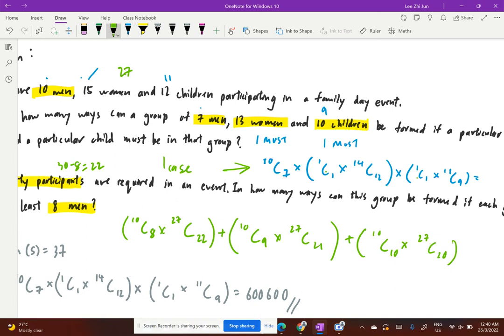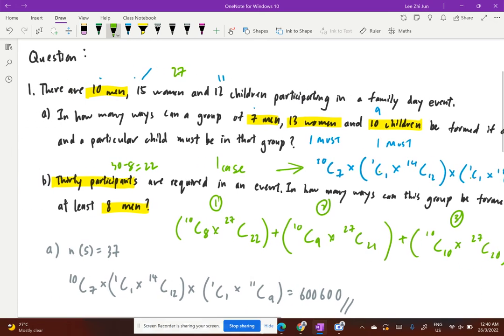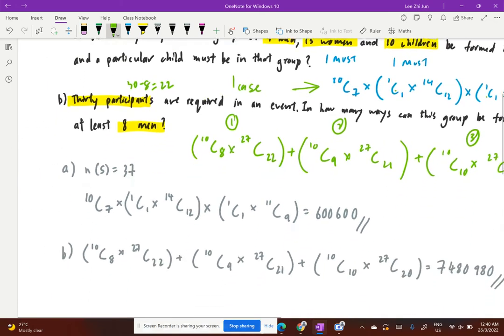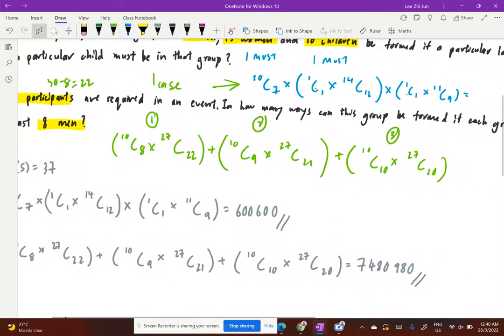Here there can be three cases: 8 men or 9 men or 10 men. So I add all the cases, and I will get 7,480,980. Here's the answer.